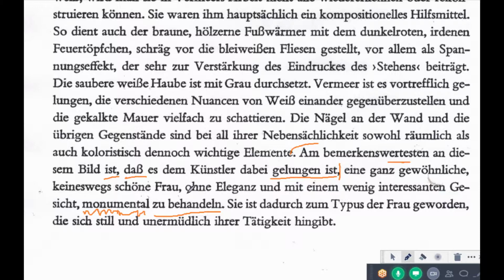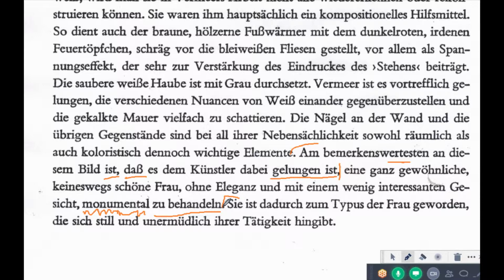Without elegance and with a maybe less interesting, or only a little interesting, face. So he has succeeded in treating monumentally this woman who's quite normal and without elegance, which is a really beautiful sentence.